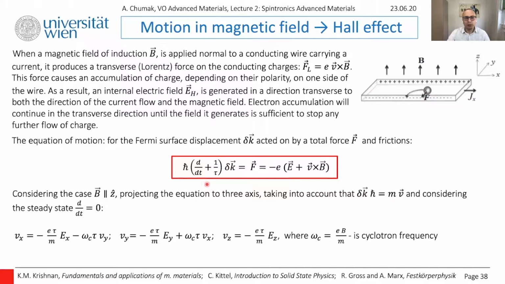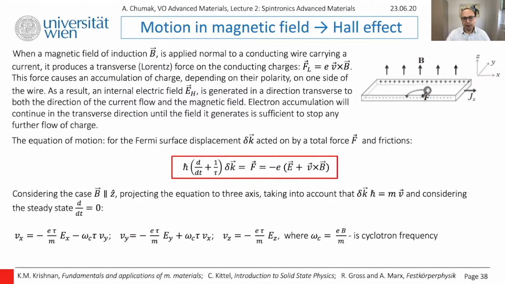After that, you project it onto the 3 axes. When you project it onto the x-axis, you get the projection v_x, then the applied electric field x component, and because of the cross product, you get the component of velocity v_y. Then you can get a similar formula for v_y, for velocity in this direction, where there will be a component of the velocity transverse to the field.